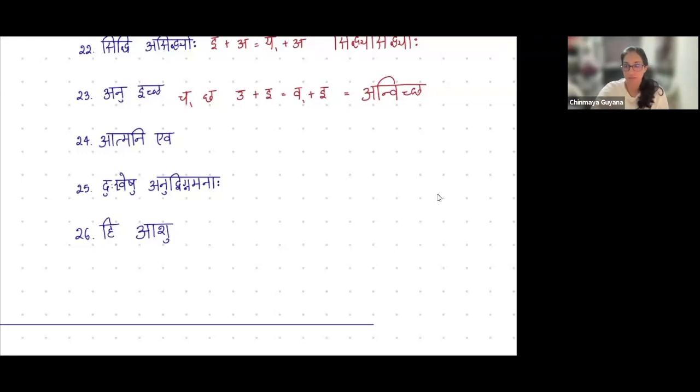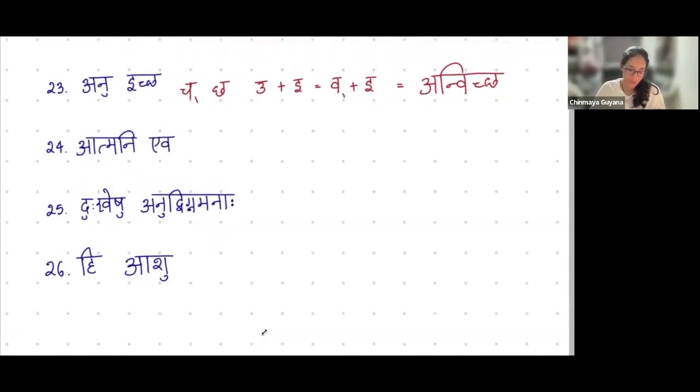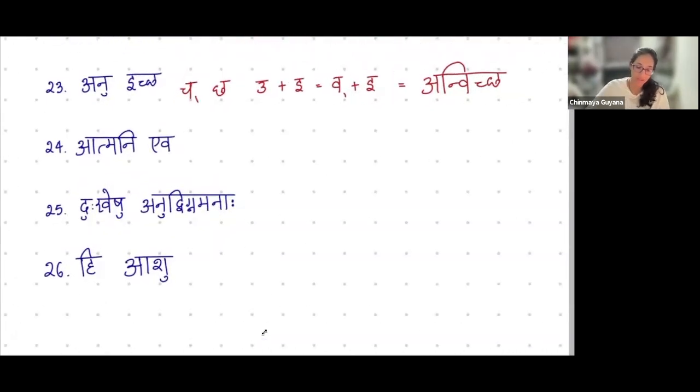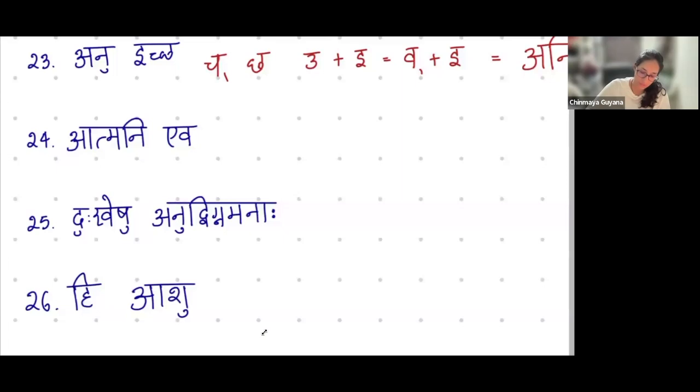This morning, we'll finish off the sandhis from the previous homework that we didn't get to do yet, and then we will continue. Okay. Atmani eva. The sandhi here is I plus A. That becomes Ye.